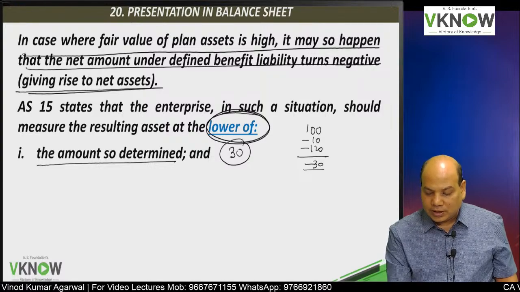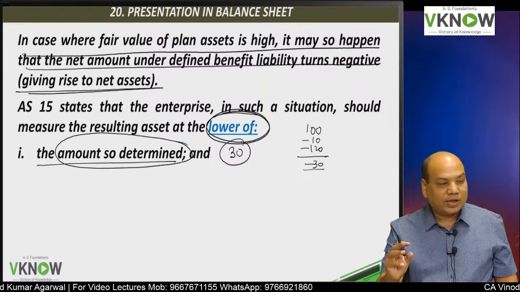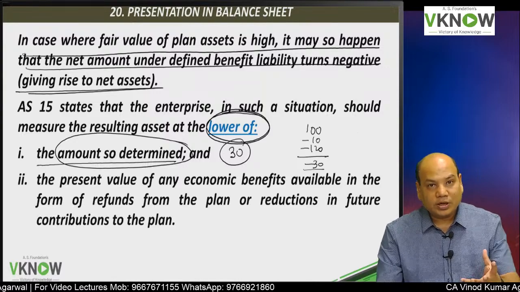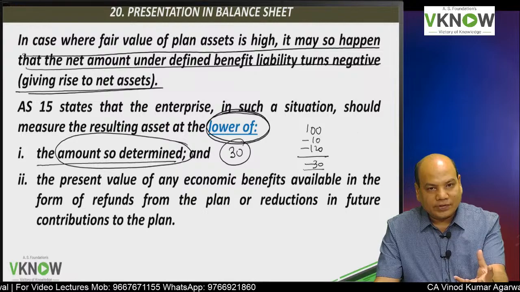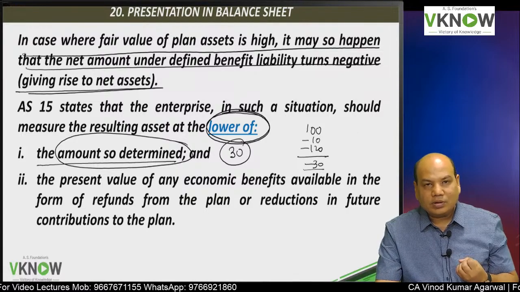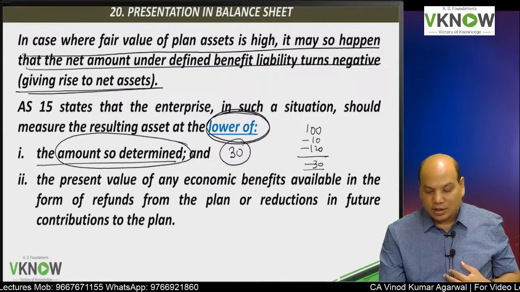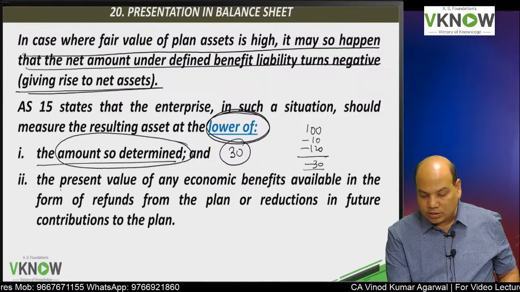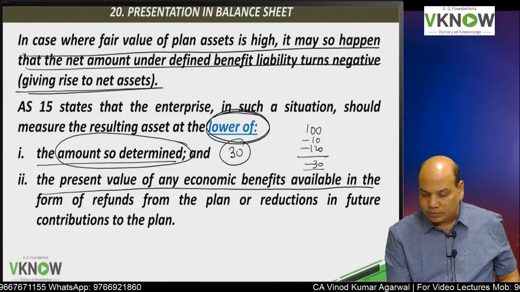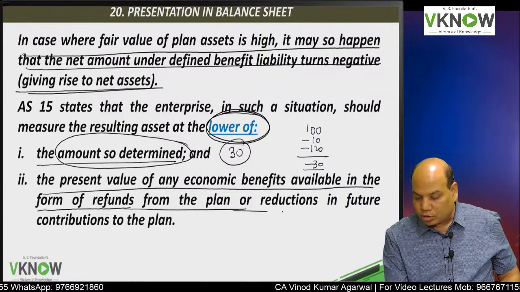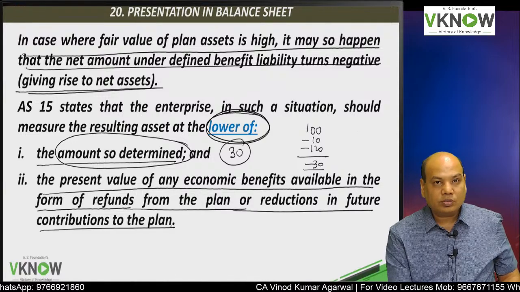But because it is an asset, we have to check its recoverability also. We have to check whether this asset will give me a benefit of 30 or more. How much benefit will I get? The second item is the present value of any economic benefit available in the form of refund from the plan or reduction in future contribution to the plan.